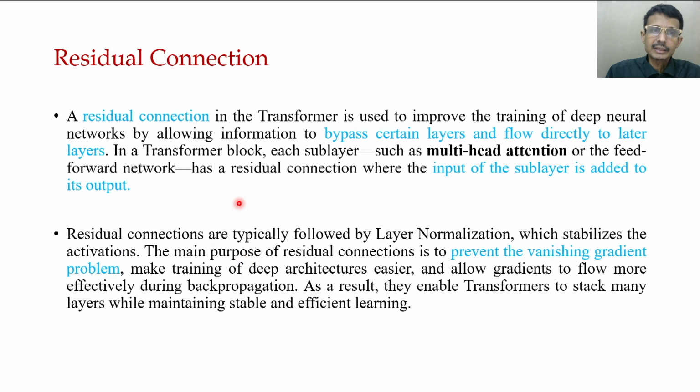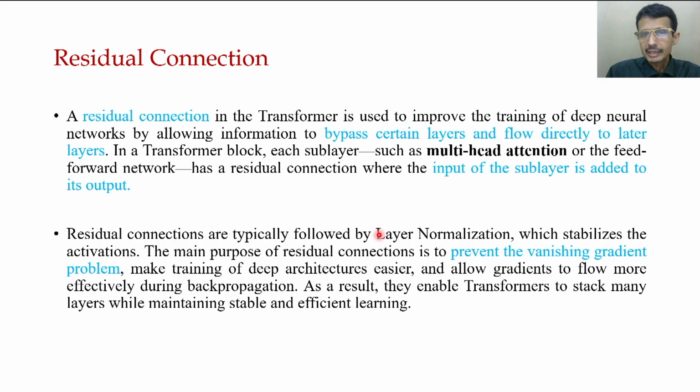Next is the residual connection. A residual connection in a transformer is used to improve the training of deep neural networks by allowing information to bypass certain layers and flow directly to later layers. That's the concept in ResNet, a kind of similar concept. In a transformer block, each sublayer, such as multi-head attention or a feed-forward network, has a residual connection, where the input of the sublayer is added to its output. That will help to prevent the vanishing gradient.